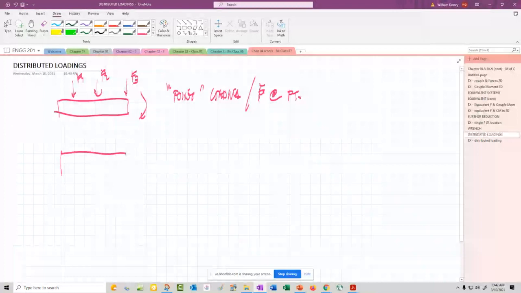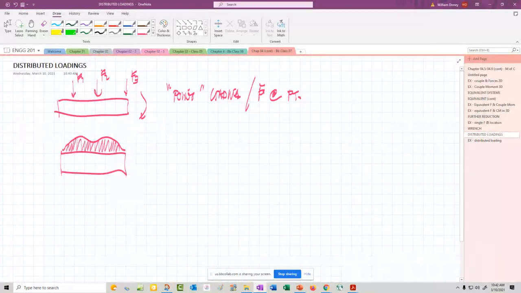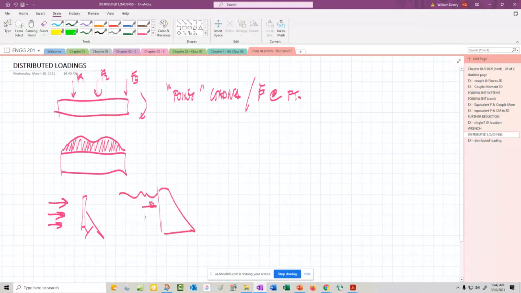But there are many situations in real life where maybe on that beam we have a pile of sand or a pile of snow and ice, or we have a sign that's set up and there's wind blowing on it. Or if we have a dam here and we have all this pressure from the fluid. Those are known as distributed loading. We typically will draw them with arrows.